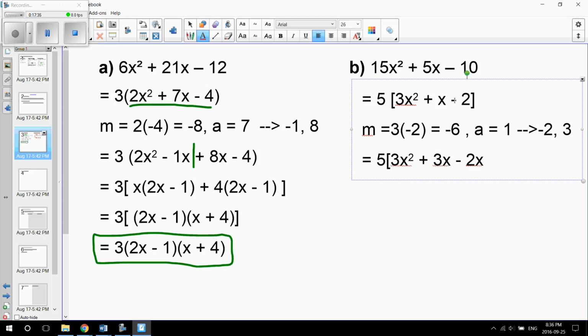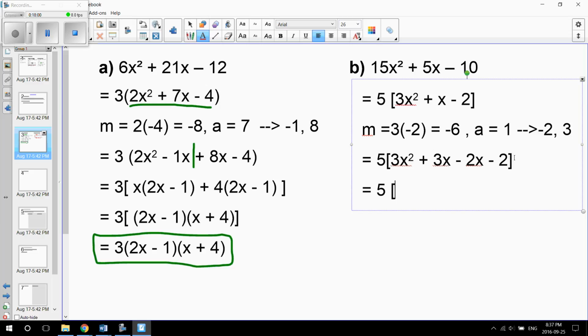And then throwing in our last number of a minus 2. Now, you may have noticed this yesterday, and I'm going to point it out today, that I wrote these in the order of the 3 and then the 2, even though when I wrote them over here I had negative 2 first and then the 3. It doesn't matter which order you put them in when you're splitting up that middle number, you should still get the correct answer.